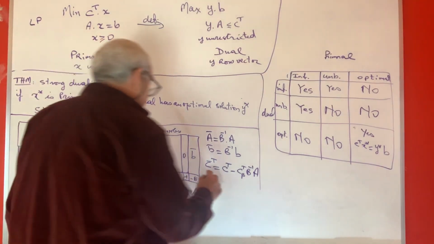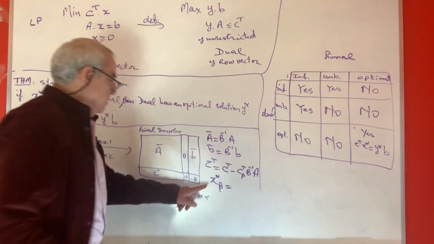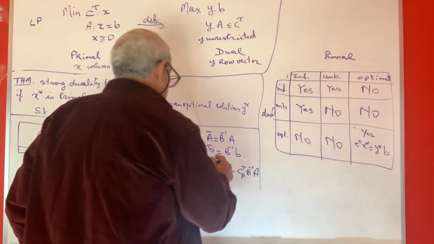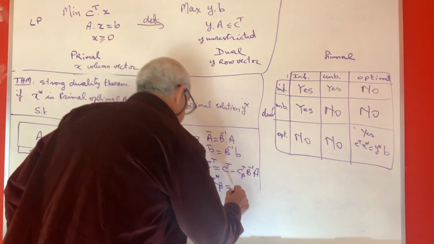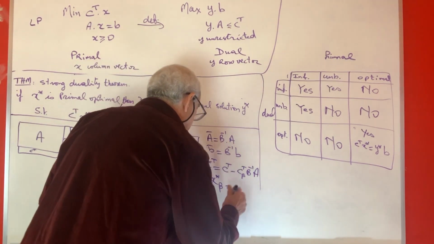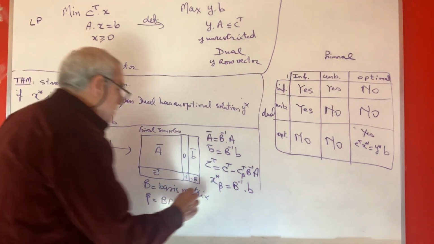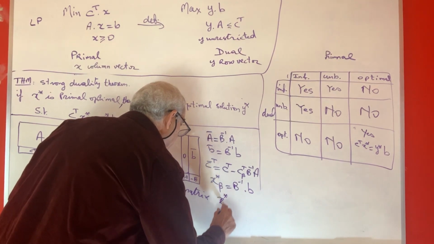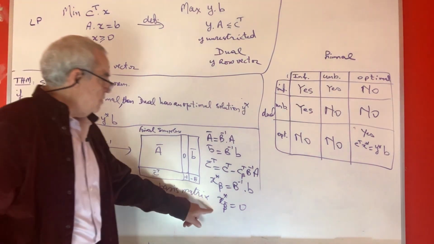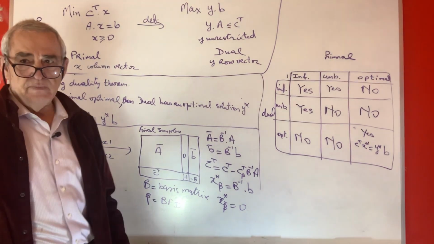And the solution X star, we set the basic variables equal to the right hand side, which is B inverse B, right, and then X star of beta bar equal to 0. Right? We set the non-basic variables equal to 0 and the basic variables equal to the right hand side. That's what we get at the end of phase 2. Okay.